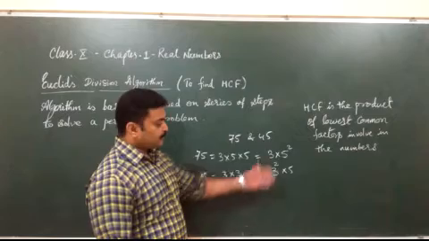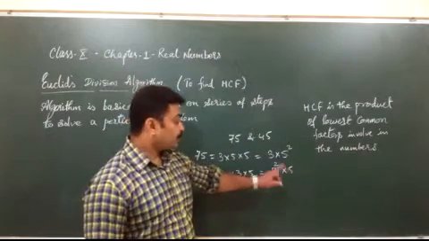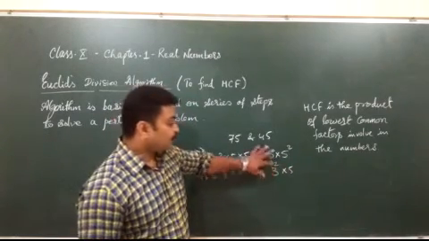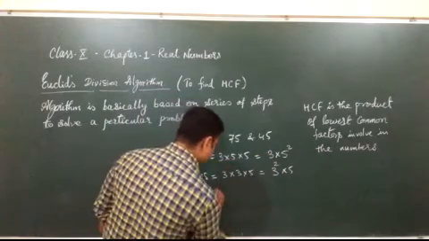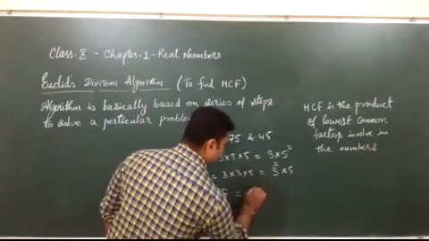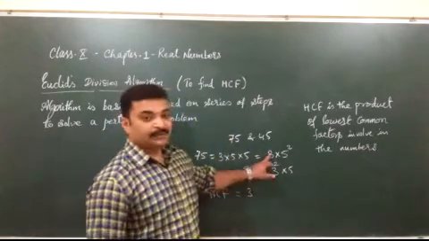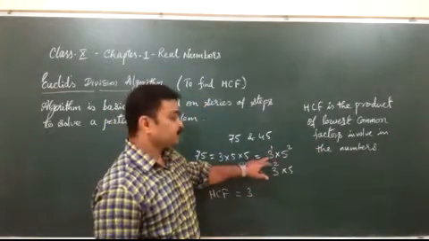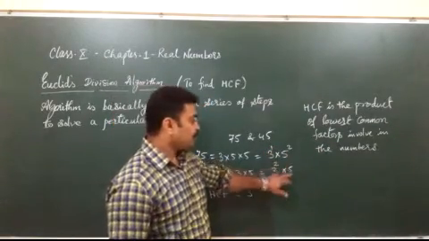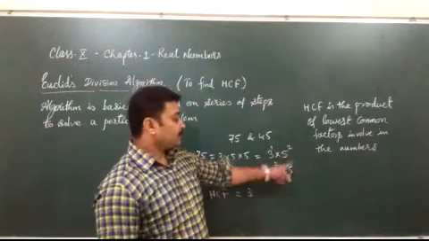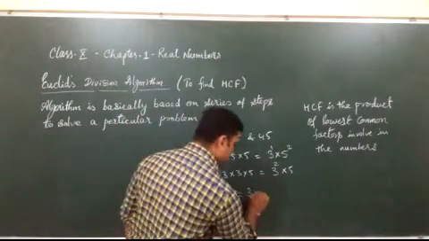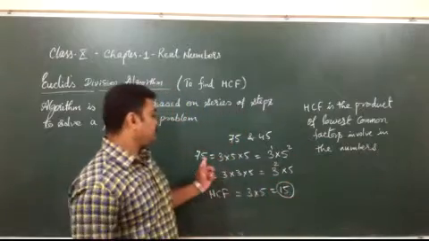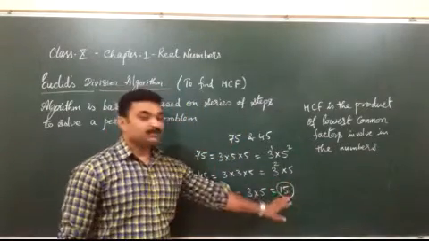So here common factor 3, and the lowest power of 3 is 3 to the power 1, since we have 3 to the power 1 and 3 to the power 2. And here 5 is also a common factor, and the lowest power of 5 is 5 to the power 1, that is 5. It is equal to 15. So HCF of 75 and 45 is equal to 15.